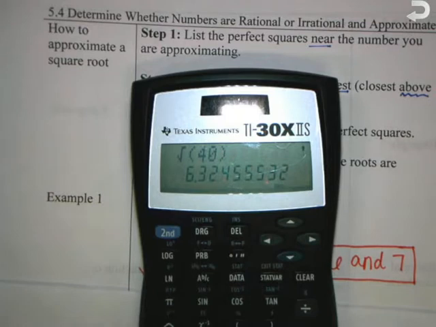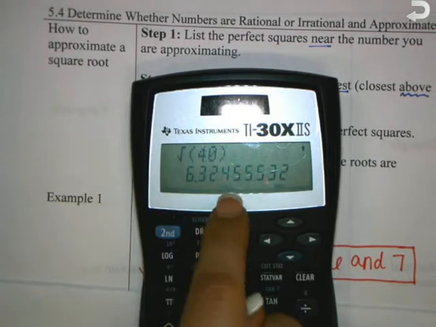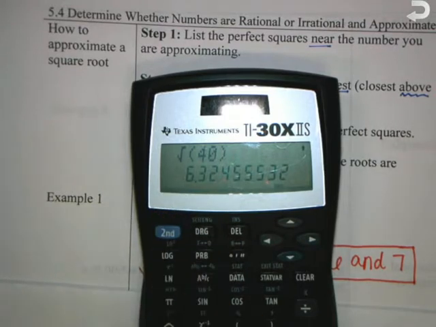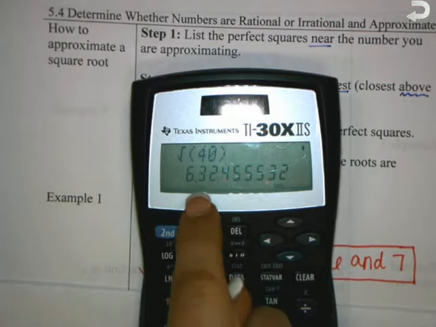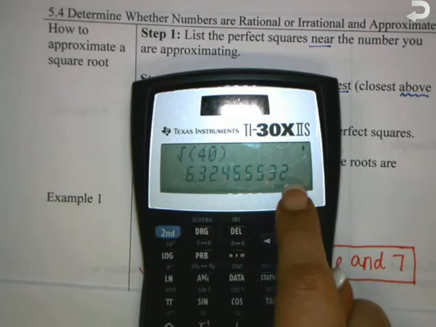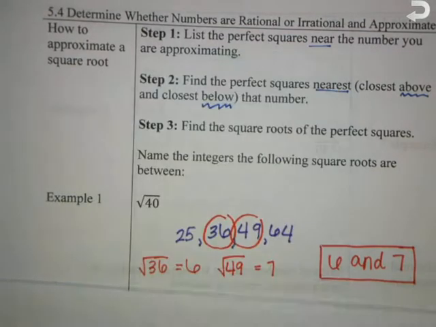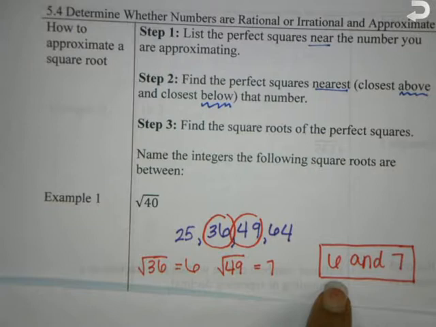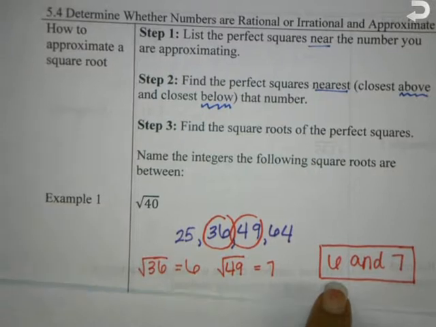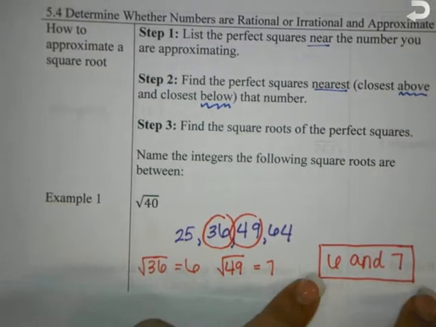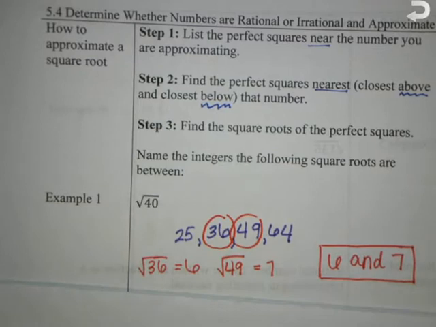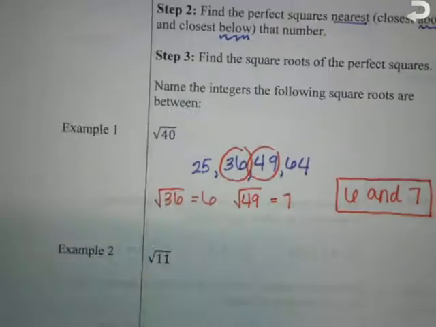Is 6.32 in between 6 and 7? Yes. I do not expect you to be able to do this. It's hard. I can't do it without a calculator. Nobody can. Which is why we are estimating or approximating. All we have to do is be able to say that it's between 6 and 7 somewhere. Okay? Square root of 11.